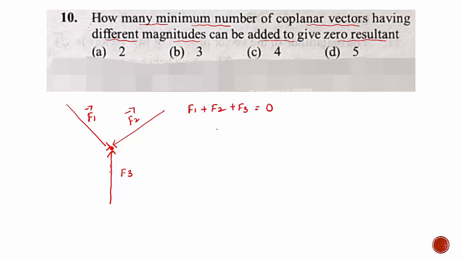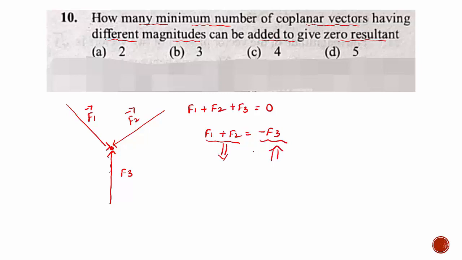We can add a minimum of 3 forces to get the zero answer, or we can write F1 plus F2 equal to minus F3, because F1 and F2 act vertically downward, but F3 acts vertically upward.